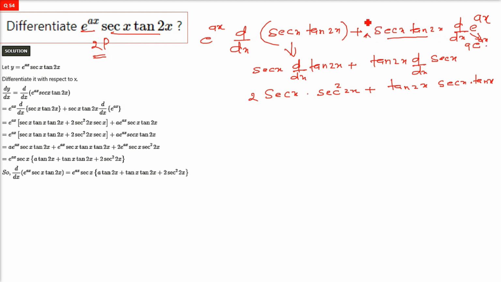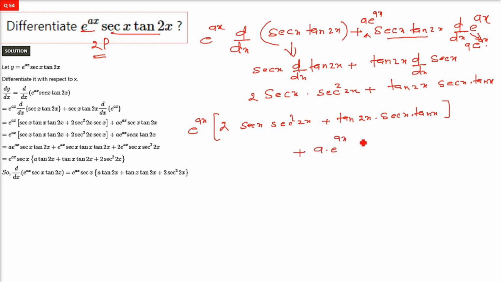So a e to the power ax. So essentially you will get e to the power ax, and you have twice sec x sec square 2x plus tan 2x sec x tan x. Then we have plus a e to the power ax sec x tan 2x.